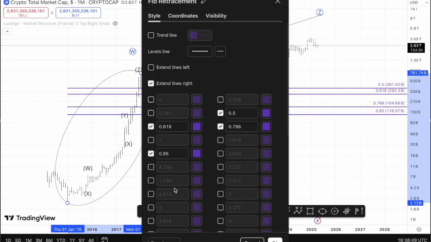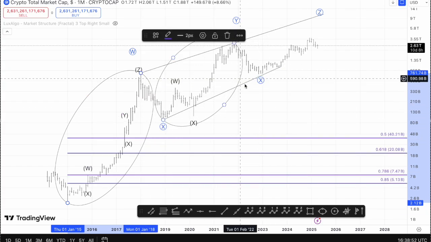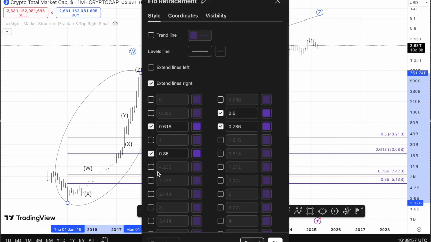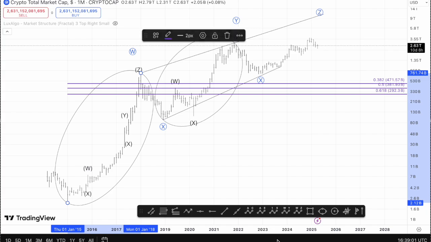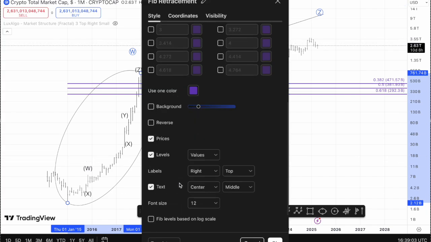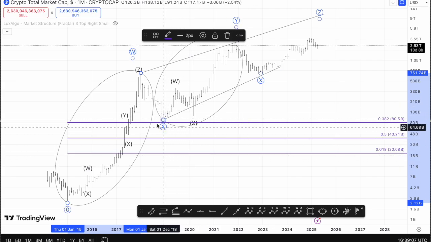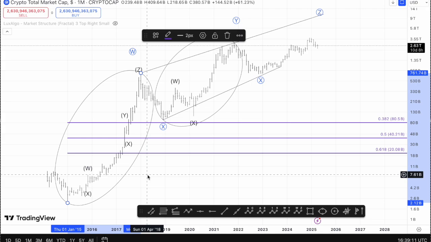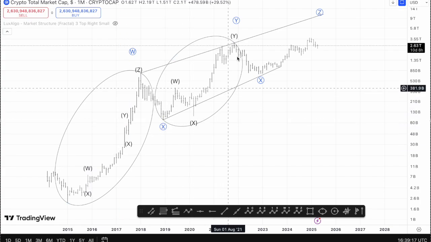And if I switch this into logarithmic scale, because the whole chart is logarithmic, when you do this, you see around 38%. It also makes sense again. So that's why we're calling it a wave X.